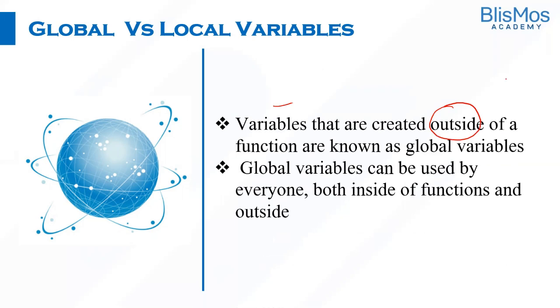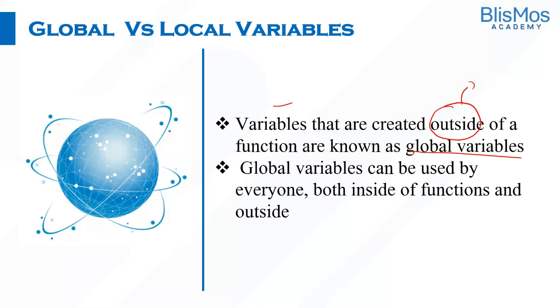We are going to discuss functions, but since we are discussing variables here, we are talking about global and local. Any variable you declare or define outside the function is known as a global variable.